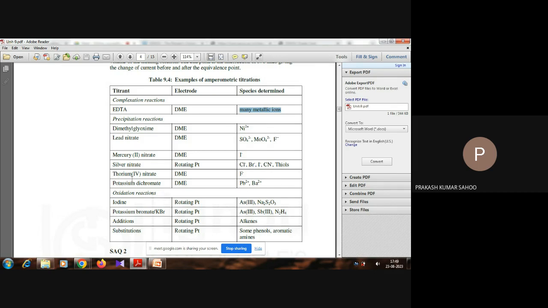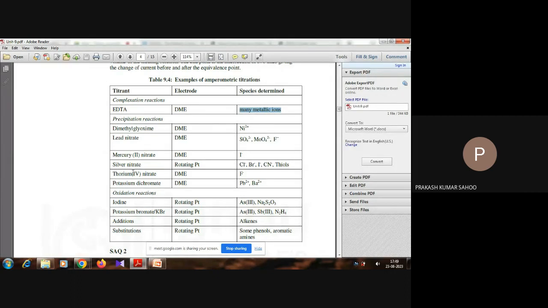Then thorium(IV) nitrate in DME is for fluoride. Potassium dichromate in DME is for lead and barium. So this is all about your precipitation reaction, where by adding the suitable reagent or titrant, the ion gets converted to an insoluble precipitate.